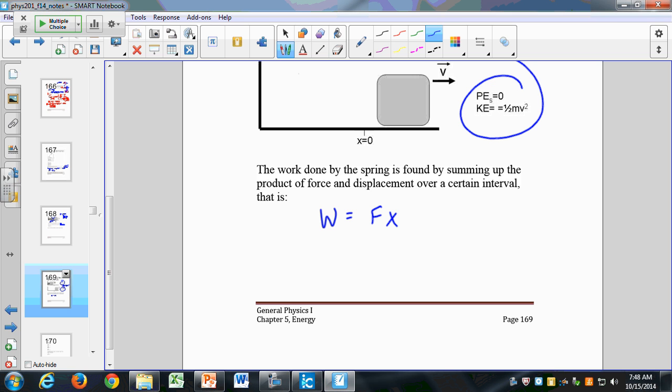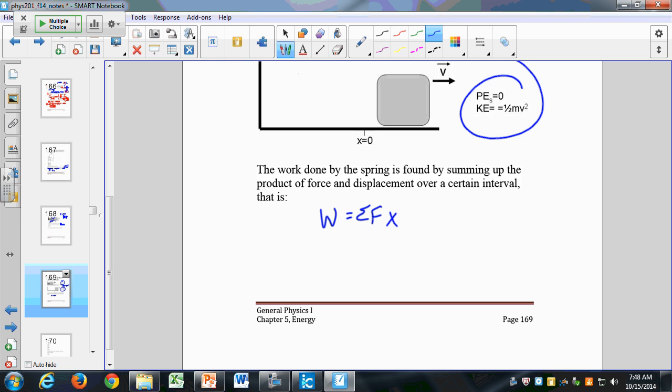But my force now is dependent upon the position, as it is for the spring, because the force of the spring depends upon the elongation or the compression of the spring. If I want to know the work over a certain displacement, I have to take a summation over that force times the displacement. And for every interval that I sum up, my force is going to change.